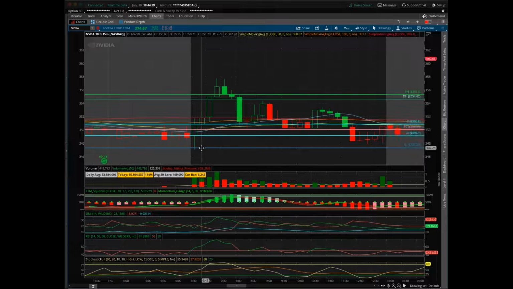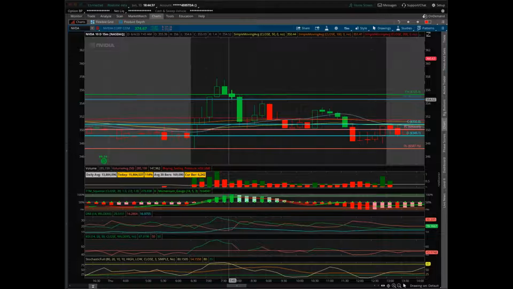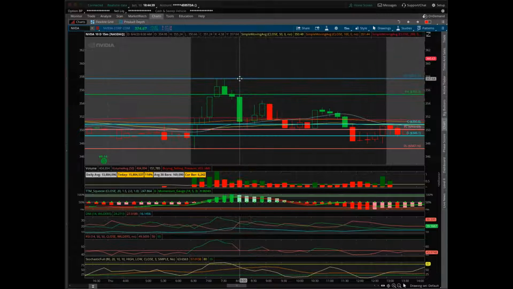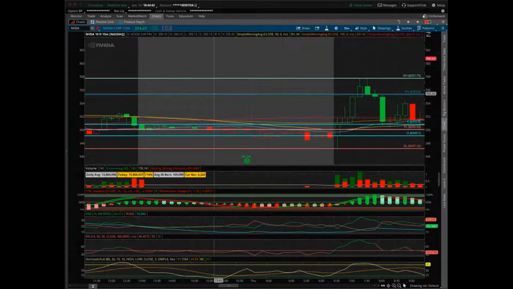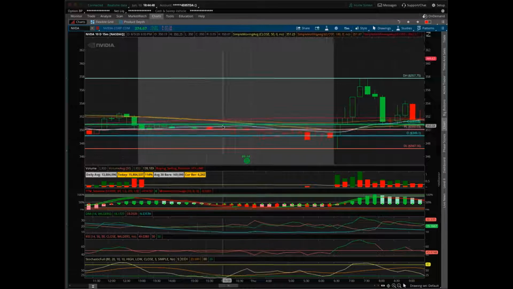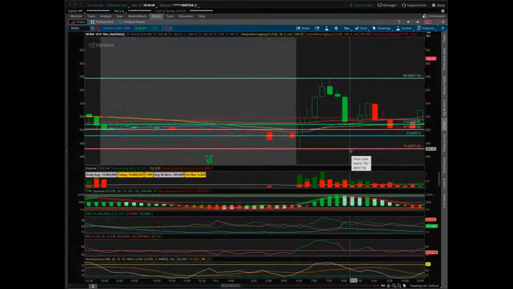If you already got your day's high, you've got your open and close of your first candle. Day's high is going to be over here, but let's see where our pre-market high is. Pre-market high is going to be right where our actual close of the day is for the first candle.